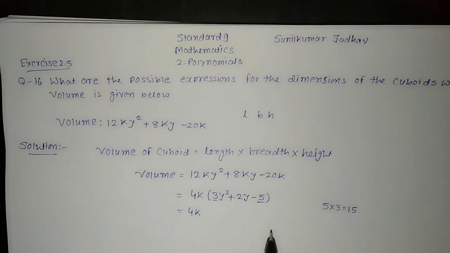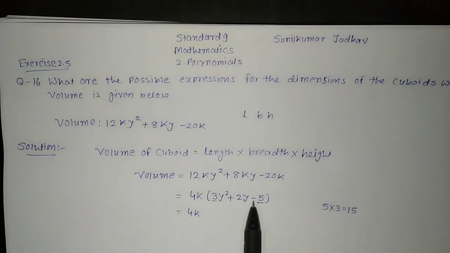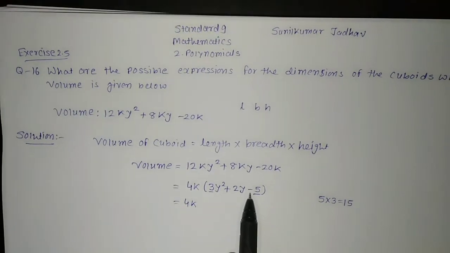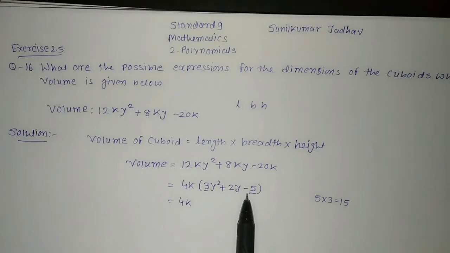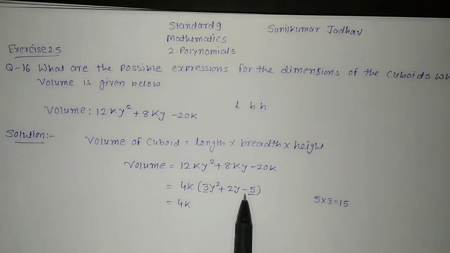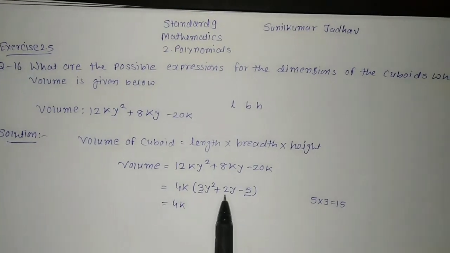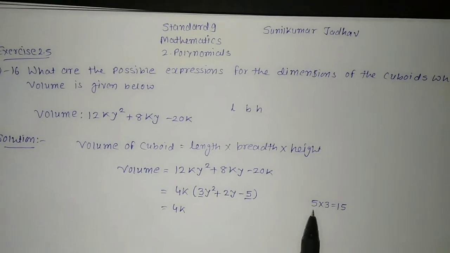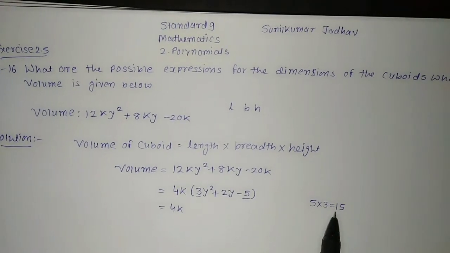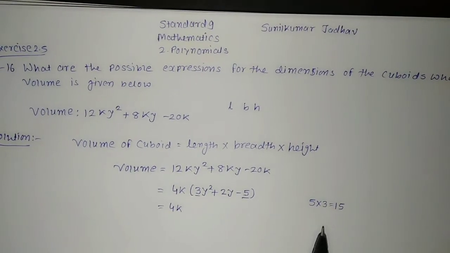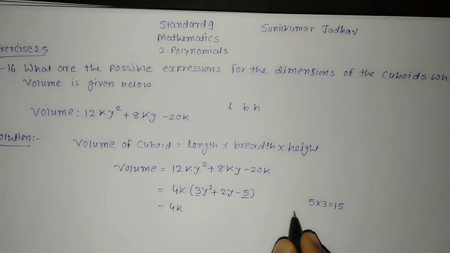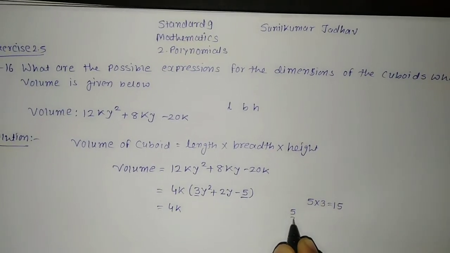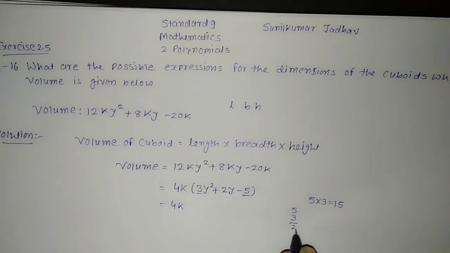We need to factorize 15 in such a way that the sign indicates the method, and we need to subtract the two factors to get 2. 5 threes are 15, and 5 minus 3 is equal to 2.